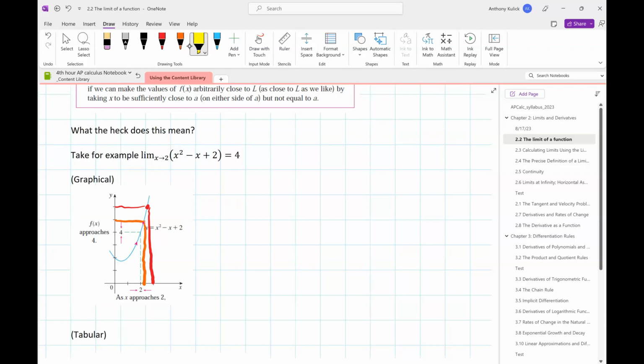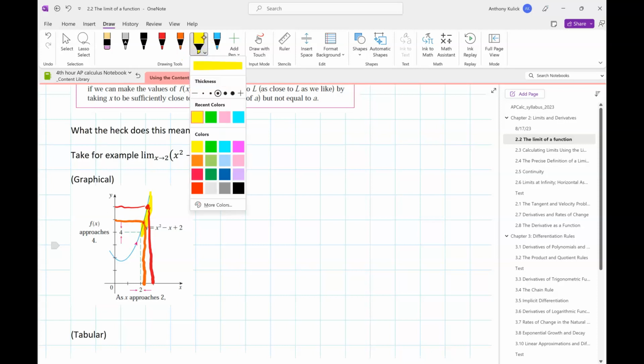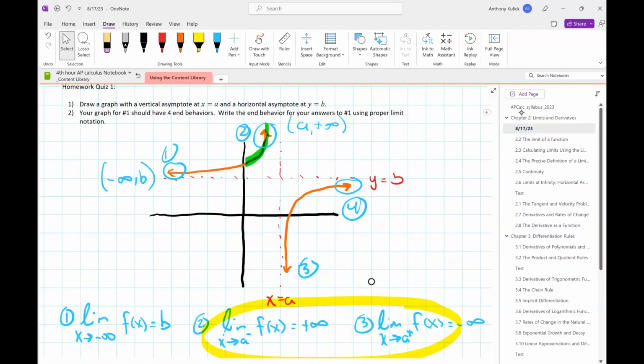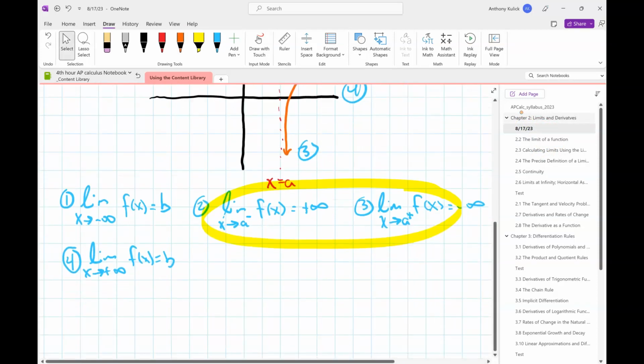The other way to think about this is if we slide down our function as we're getting closer and closer to 2, the y values are getting closer and closer to the number 4, right? Until we actually get to 2, when our function is equal to 4. What I drew in yellow there would be like a right-hand limit, which is exactly what we did here in green.